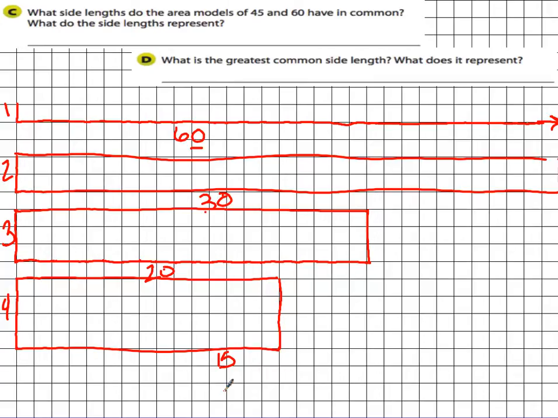Okay, and then I also know that it is divisible by 5, and it's 5 by 12. So 1, 2, 3, 4, 5, and then 1, 2, 3, 4, 5, 6, 7, 8, 9, 10, 11, 12.